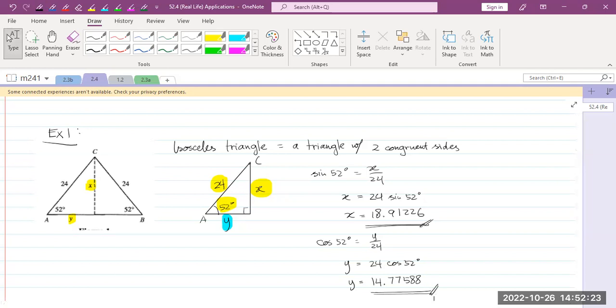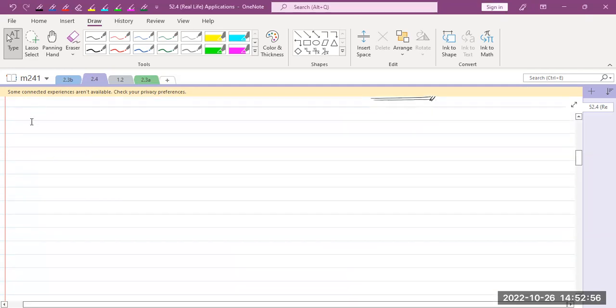Let's take a look at example 2. This is where we will use the definition of angle of depression. Okay, let's quote the problem. They give us word problems, so we will try to draw or to sketch the situation from these word problems.